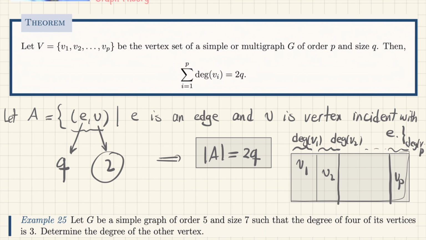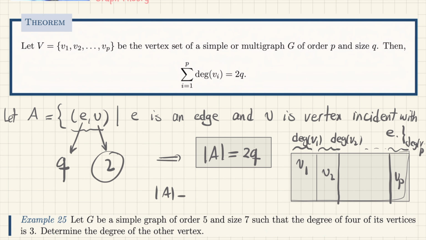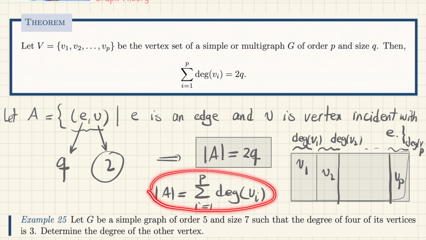Yes, so the cardinality on the other side is the sum of all these degrees. So on the one hand, the cardinality is 2q. If I change my counting strategy, the cardinality at the same time is equal to this sum. So this cannot happen unless these two are equal.